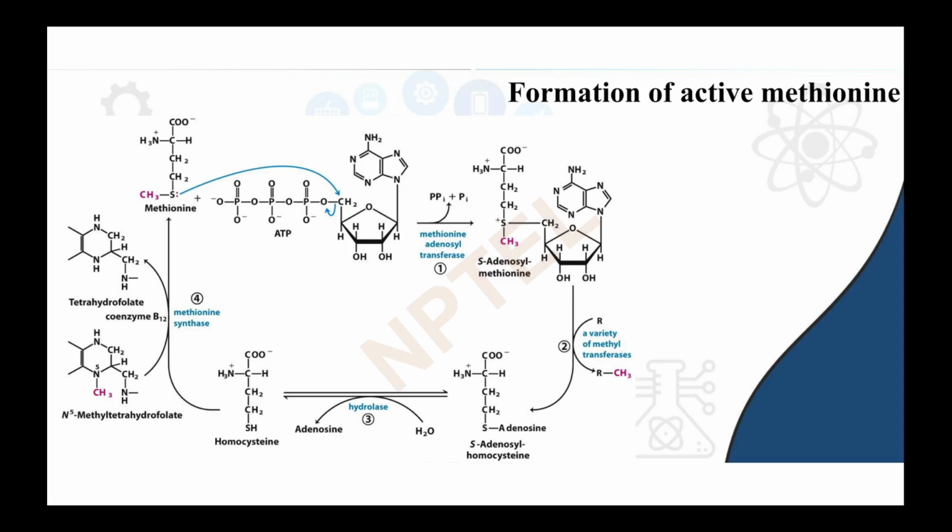So methionine basically gets activated in the form of S-adenosyl methionine. You can see this is the methionine structure. It has one sulfur group, and this sulfur group gets attached to the adenosine part. Adenosine comes from ATP, adenosine triphosphate.